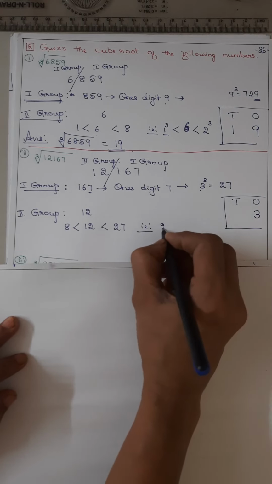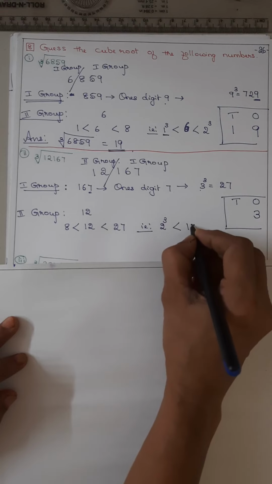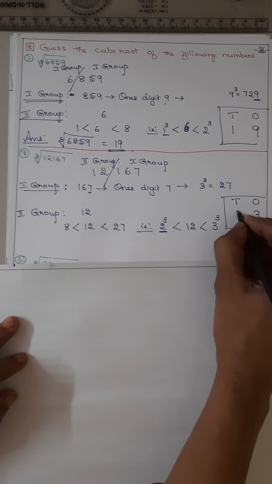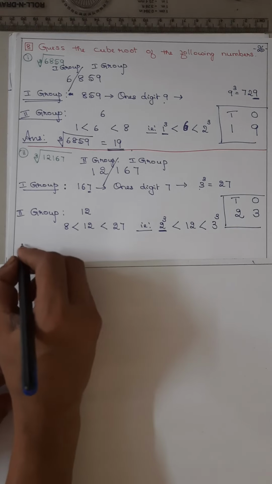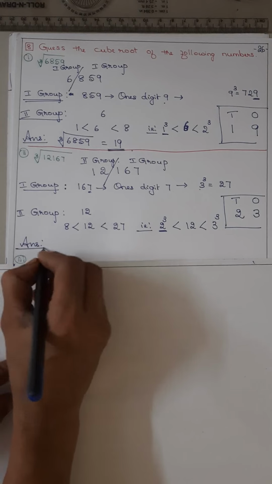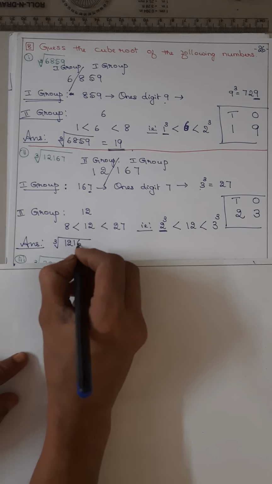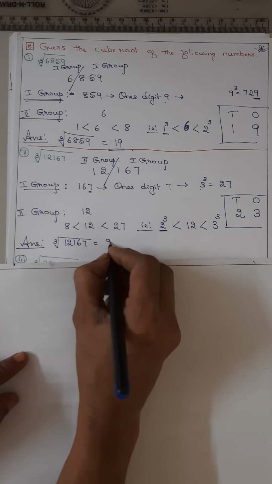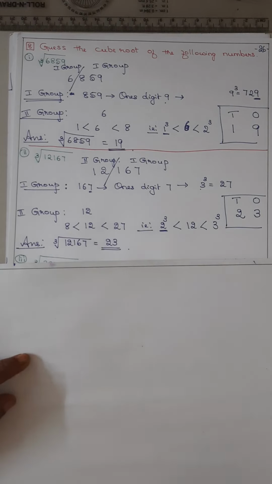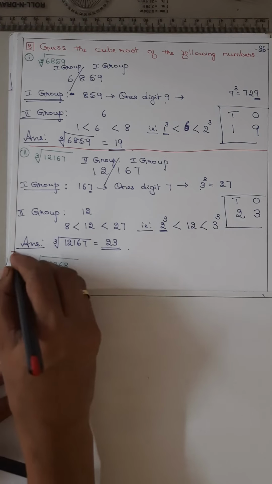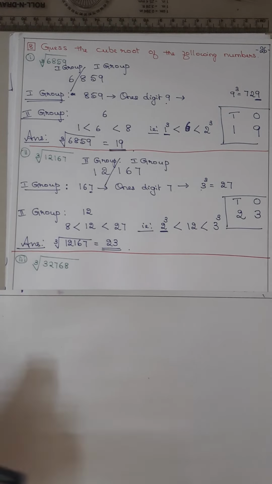That is 2 cube and 3 cube. अभी छोटा नंबर टेंस में डालो. तो आंसर, क्यूब रूट ऑफ 12167 is equal to 23. Okay, so that was question number 2.